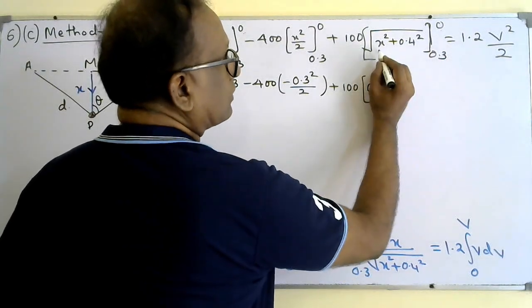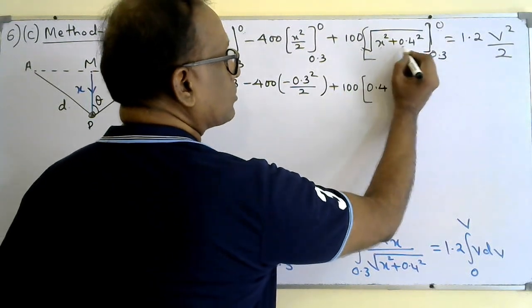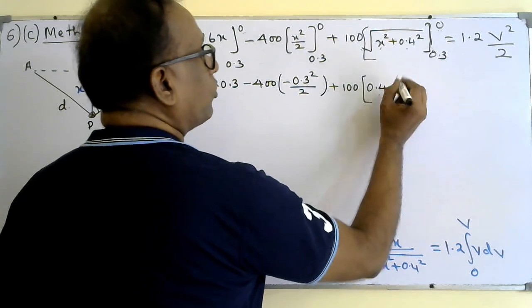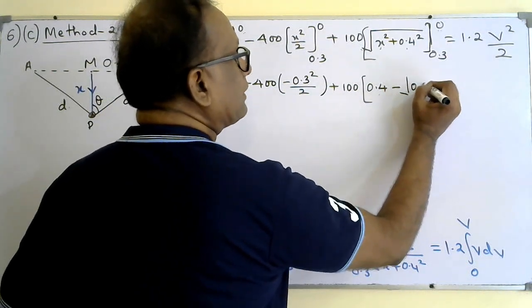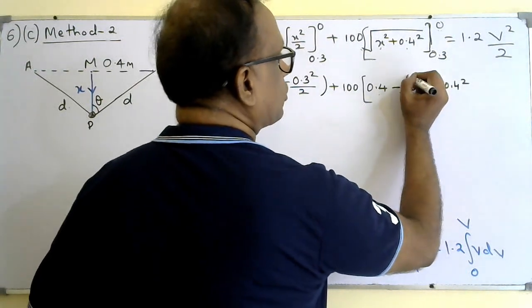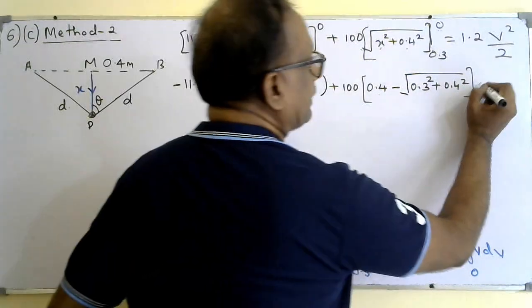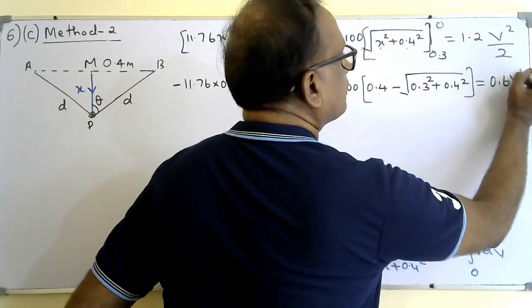So 0 plus 0.4 squared under the square root gives 0.4, minus the square root of 0.3 squared plus 0.4 squared, that's going to be 0.5, equal to 0.6 v squared.